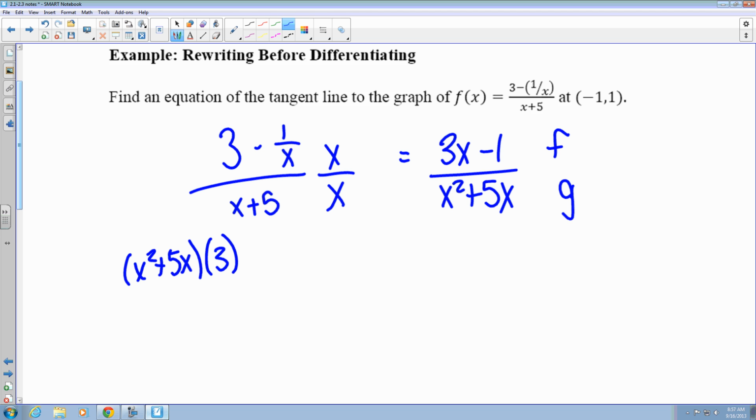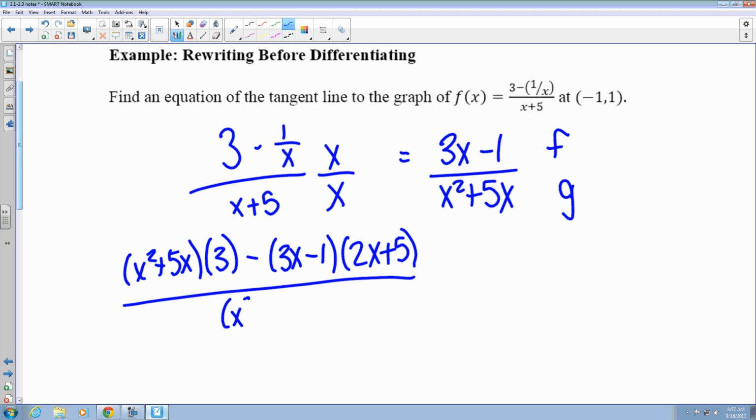f prime minus f g prime over g squared. So simplifying and multiplying through.